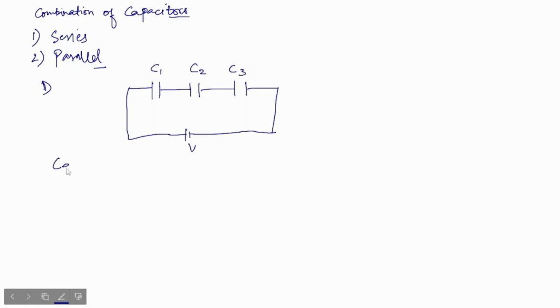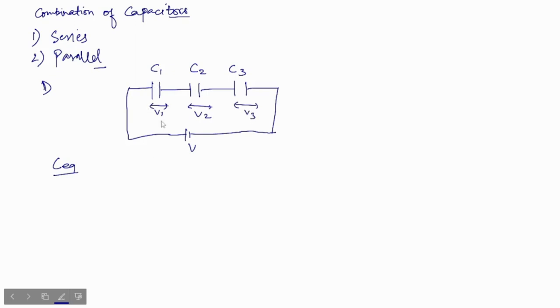We need to find the equivalent capacitance for this circuit. So assume the potential across this is V1, across this is V2, across this is V3.